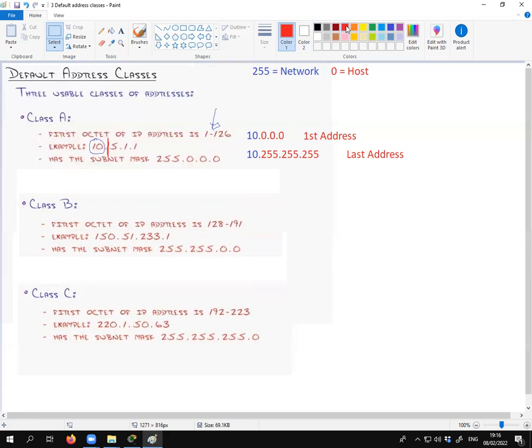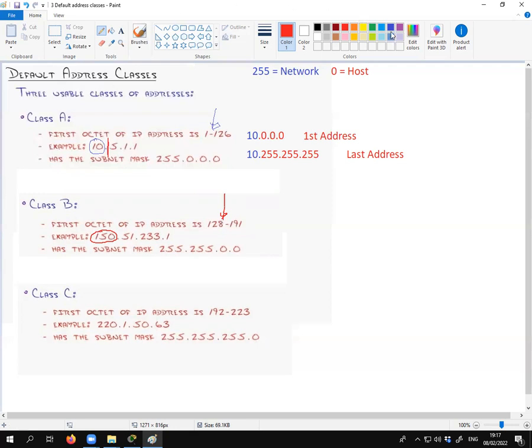So here, this is a class B address because the first octet is 150, and 150 lies between 128 and 191. Class Bs have a default subnet mask of 255.255.0.0. Like I said, default just means starting out. That's all. It can be changed.